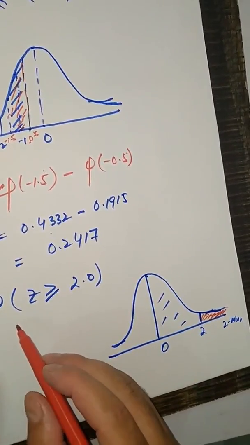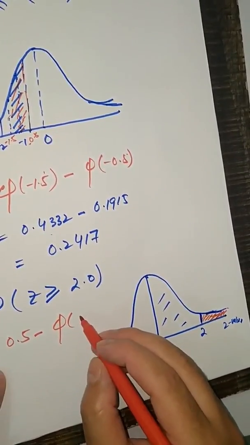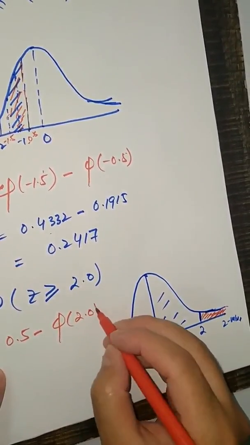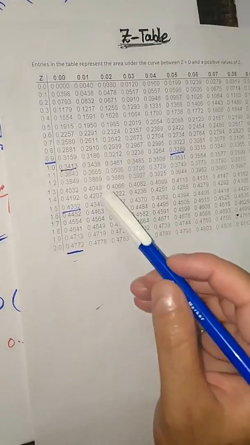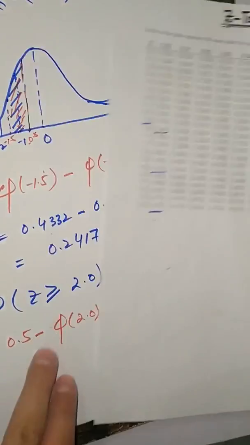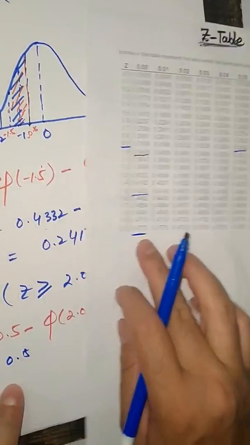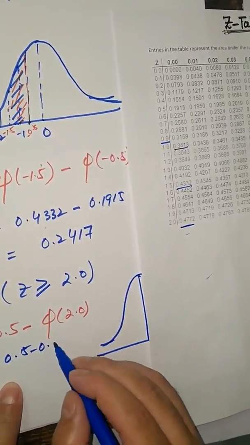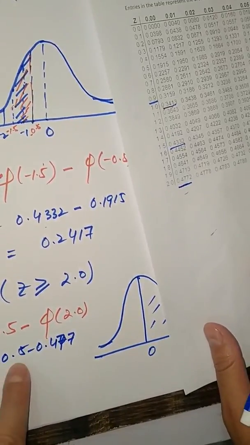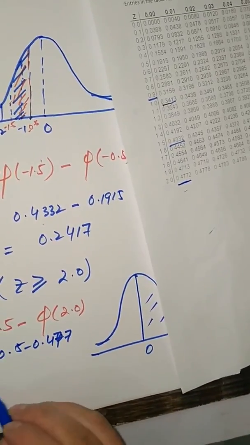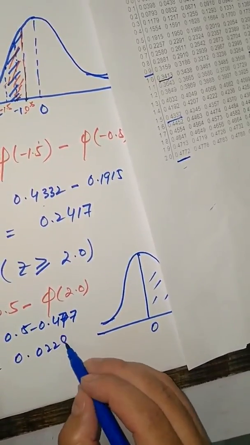That would be equal to 0.5 minus the probability when z is equal to 2. Again using this z table, when z is equal to 2, this is equal to 0.477. 0.5 minus 0.477 is equal to 0.0228.